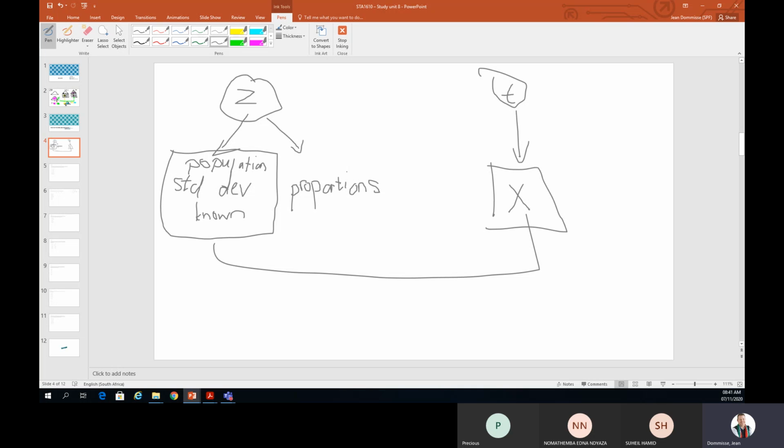If I tell you that the population standard deviation is known, or I don't need to say it is known, they just tell you that the population standard deviation is equal to something, then we know we can use the Z. What they will sometimes say is the sample standard deviation is, so then we need to go to the T. Proportions is always a Z. That is just the rule.